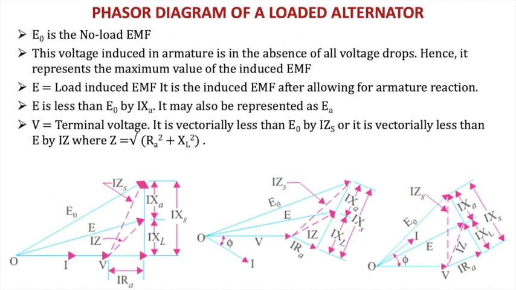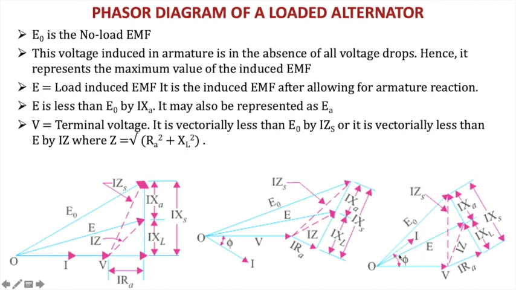The next figure is for the inductive load, where the current lags behind the voltage by an angle phi, because for an inductive load the current lags the terminal voltage. The armature resistance drop is again in phase with the current, and in quadrature you have the synchronous reactance drop IXS, or you can divide it into two parts, the leakage reactance drop and the armature reaction drop, and you will get the terminal voltage V. Similarly, for the capacitive load, the current leads the voltage by an angle phi.